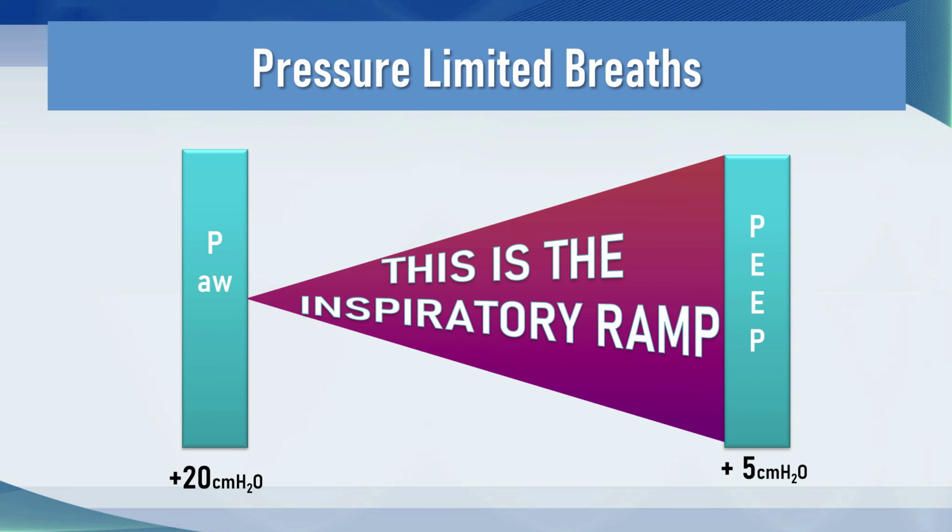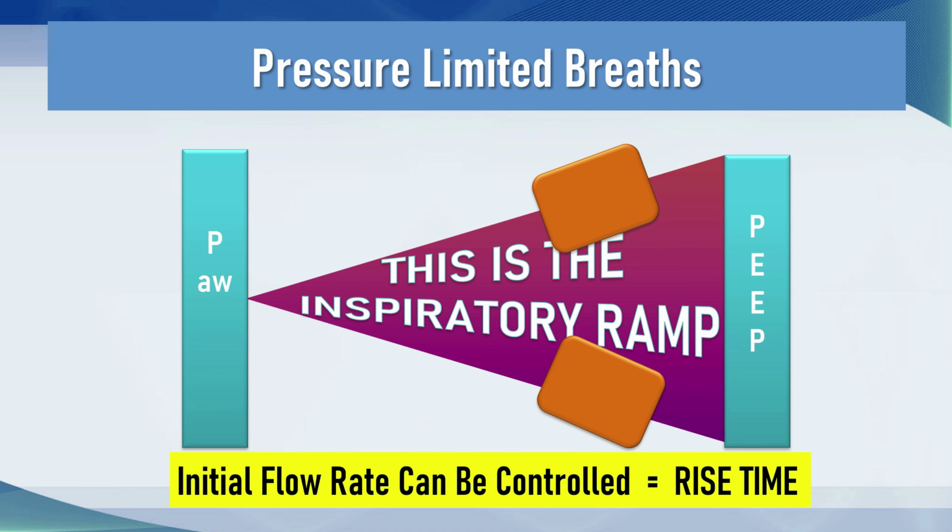So the inspiratory pressure ramp is that 15 centimeters of water of driving pressure. And on control, it just flows down the pressure gradient from high pressure to low pressure. But by putting a little clamp on the side of that, you can adjust or control that initial flow rate, and that's the rise time.